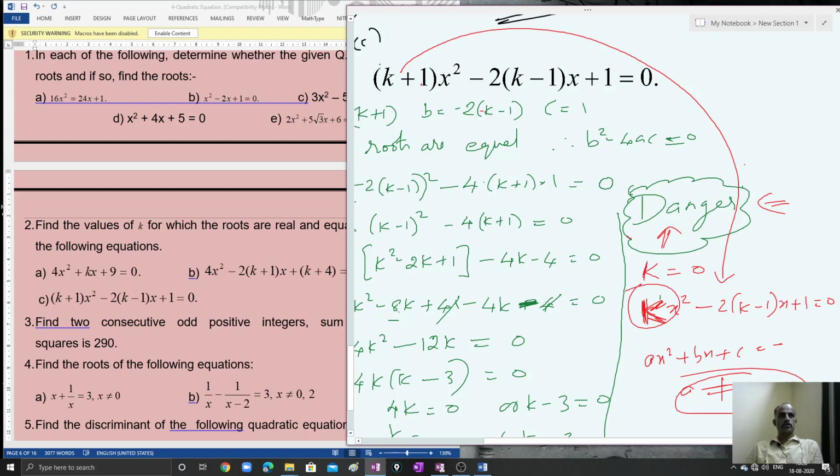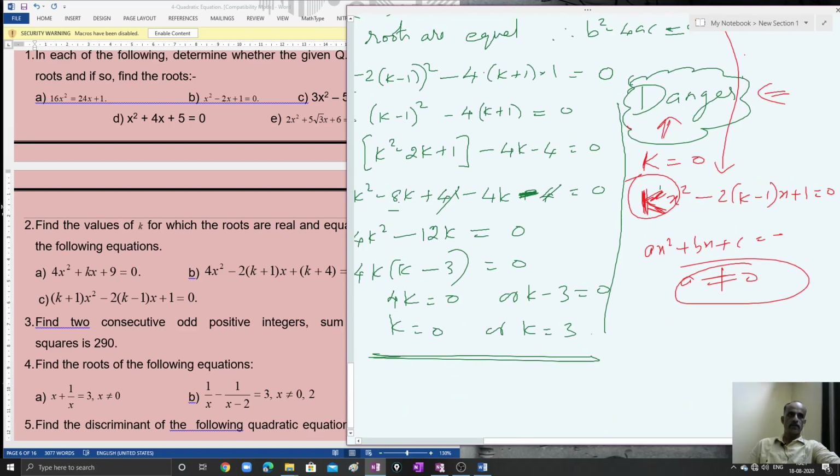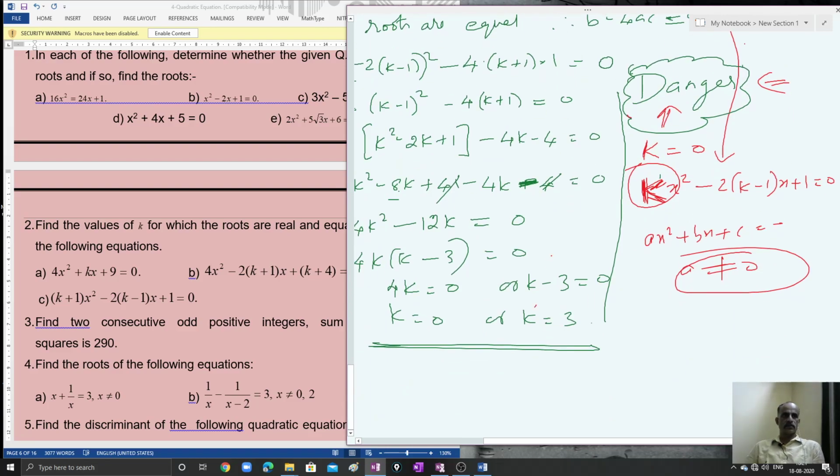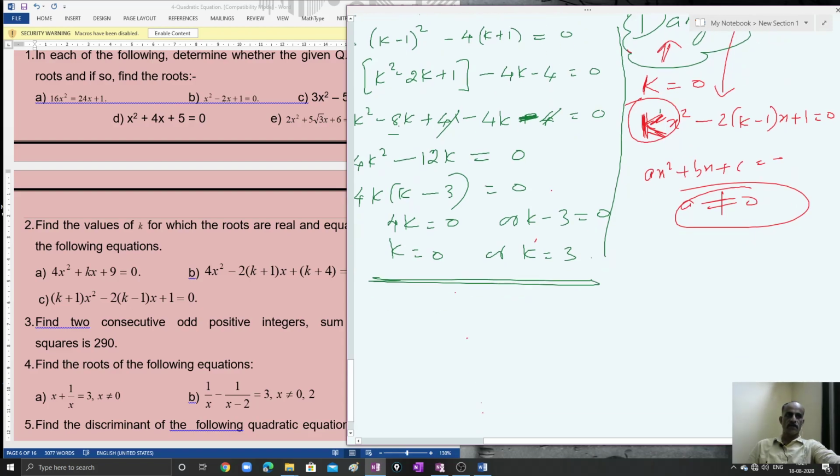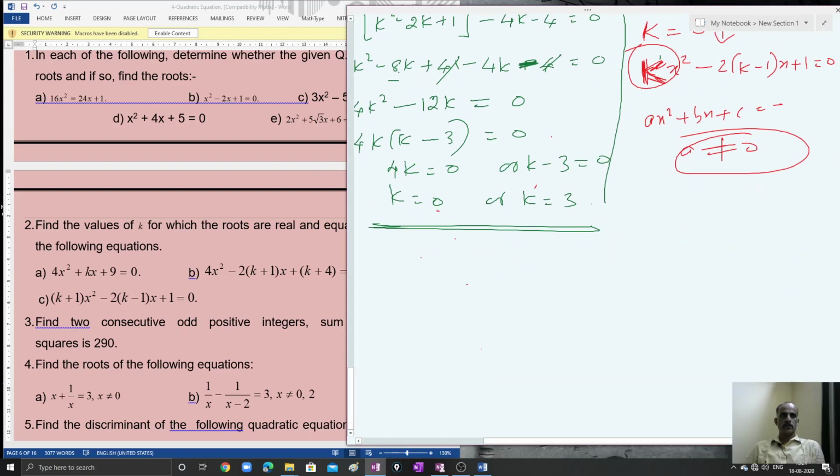Here there is no issue. Why is there no issue? Here there is k plus 1, so even if you put k is equal to 0, there is no issue. Be careful in those cases. Suppose you have an equation like kx square plus 2k plus 1 or anything into x plus 3k is equal to 0 has real roots, and you are getting k is equal to 0.